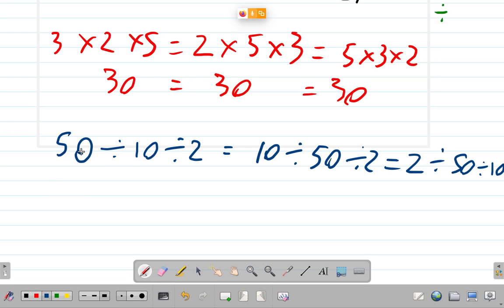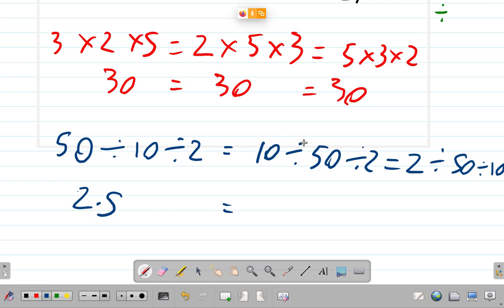So let's see. 50 divided by 10 is equal to 5. 5 divided by 2 is 2.5. Is it equal to this?